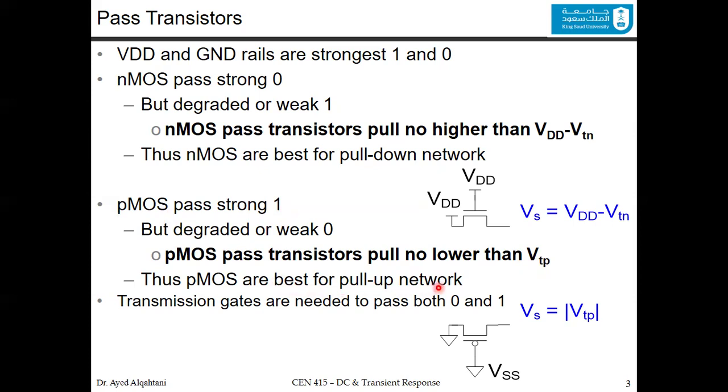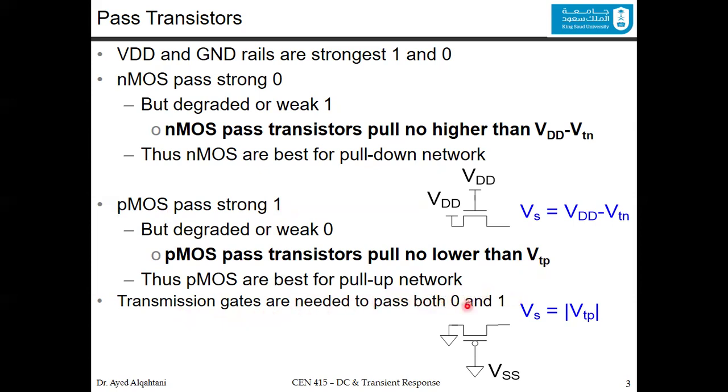And this is what we mentioned when we tried to memorize the inverter. In the pull-up, you have the PMOS close to the VDD. In the pull-down, you have the NMOS close to the ground.